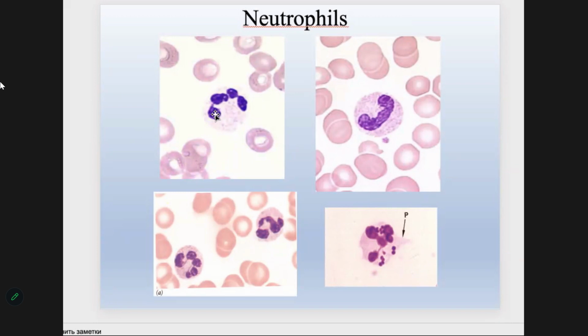We can see from 2 up to 5 segments in one nucleus, connected with each other by bridges. The cytoplasm is filled with small, weakly staining granules, and these granules are stained both by acid and basic dyes, which is why these cells are named neutrophils.